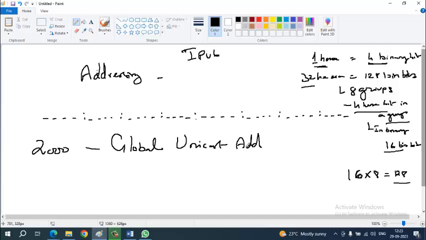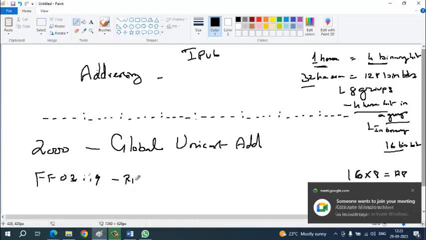Now for multicast, you will see all addresses starting with FF0. This can be anything like FF02, likewise. For example, FF02 colon 2 is routed multicast. FF02 colon 1 is host only multicast. FF02 colon other things, what 9 is what?